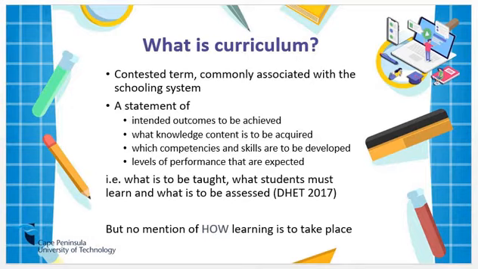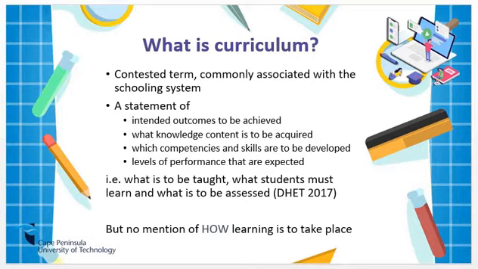And these may shift based on different contexts, different teaching and learning approaches, as well as on the policies of countries. The Department of Higher Education and Training, however, has adopted a notion of curriculum as being the intended outcomes to be achieved, what knowledge, content, competencies and skills, and levels of performance are expected from students.